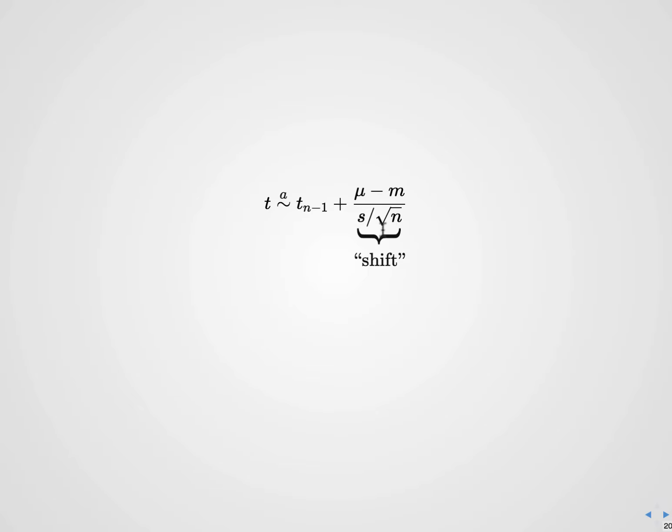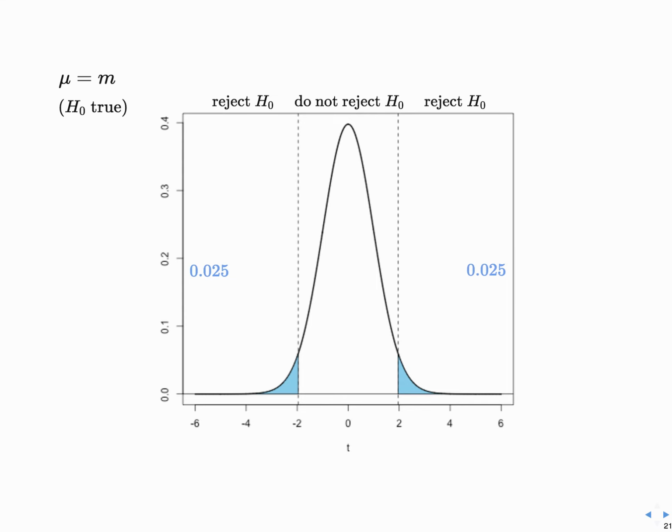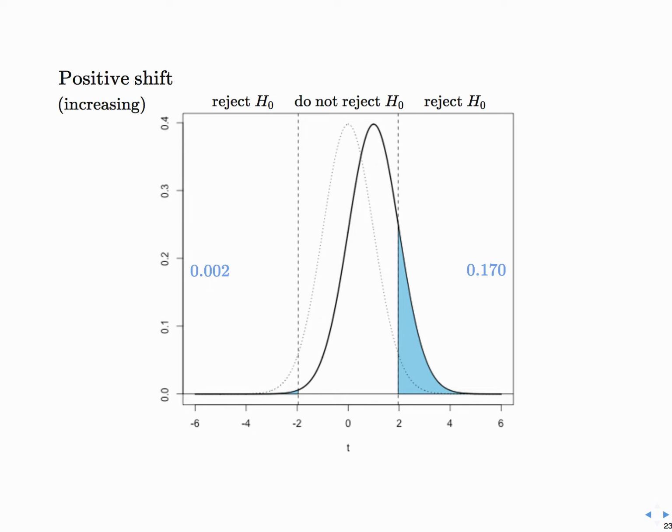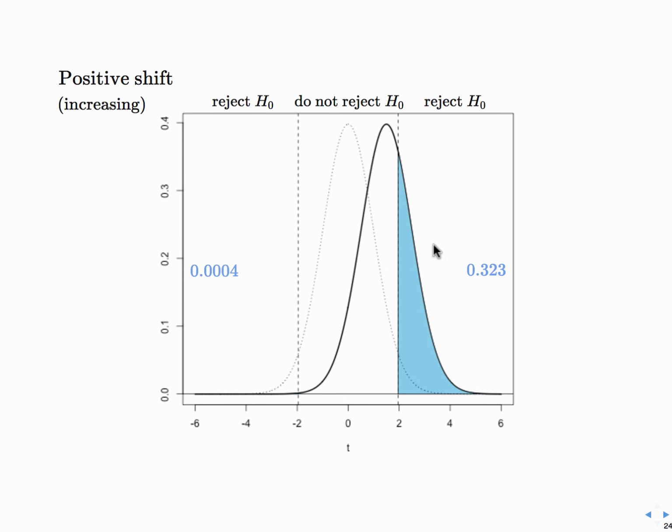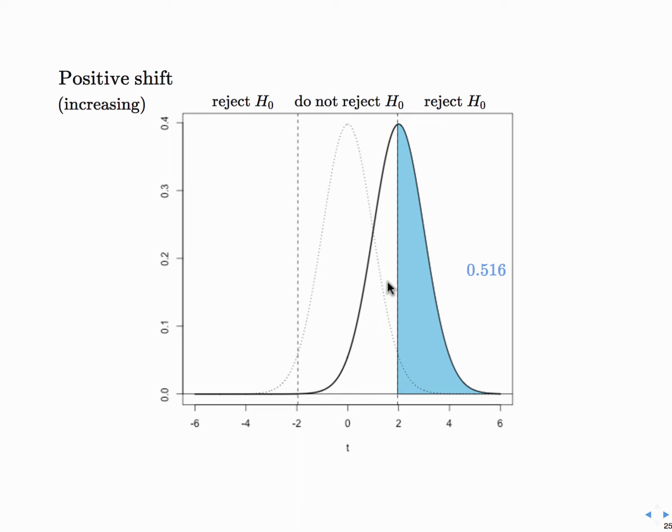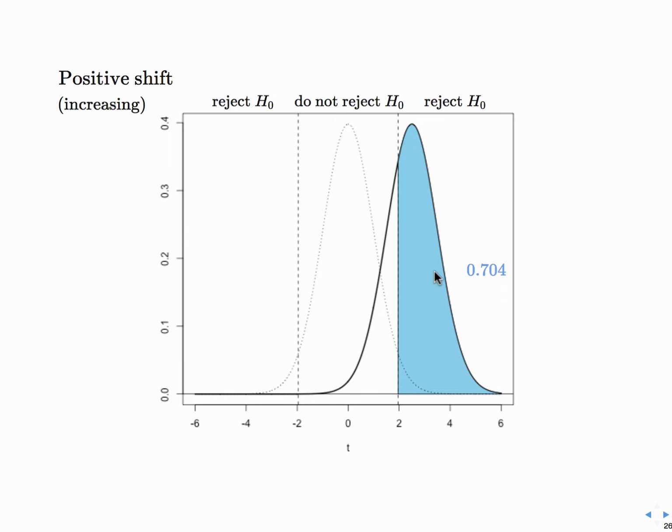So if we were able to gather some more observations and increase the sample size, that would have the effect of increasing the shift. And so increasing the sample size can increase the shift and therefore end up in a situation like one of these, where the probability of rejecting the null hypothesis is increasing.